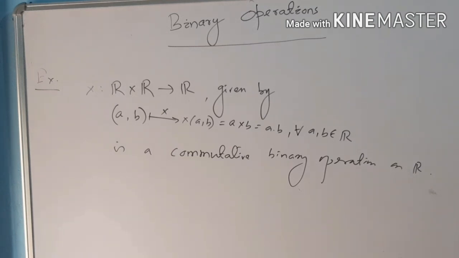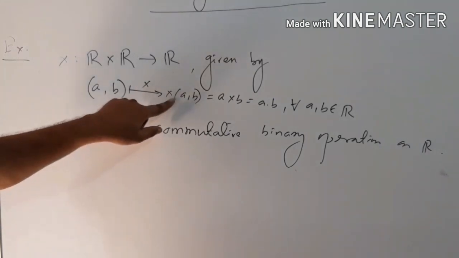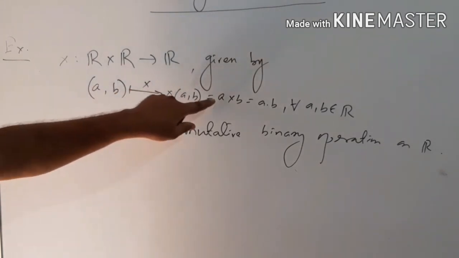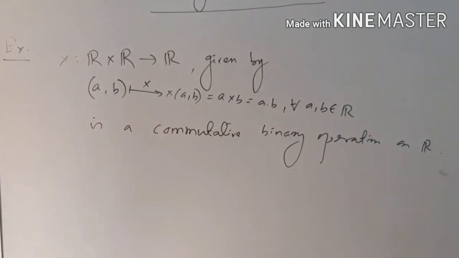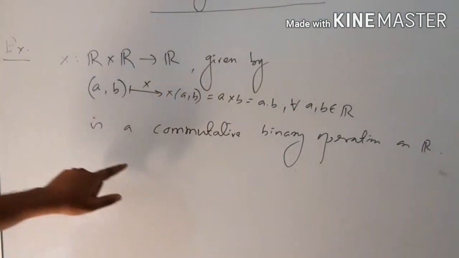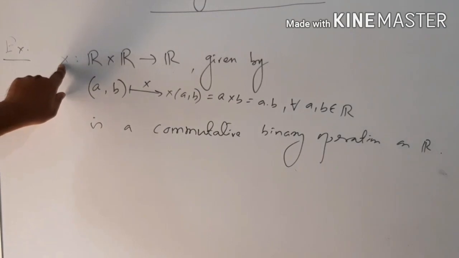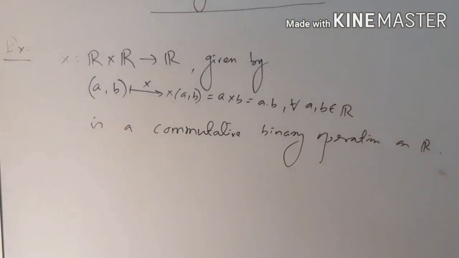The multiplication operation from R cross R to R is given by A comma B goes to multiplication of A comma B, where the operation multiplication is defined by A into B, which is equal to AB for all A, B belongs to R. We can easily prove that this operation is commutative, and previously we have proved that this operation is a binary operation. So therefore the multiplication operation on the set of real numbers is a commutative binary operation.